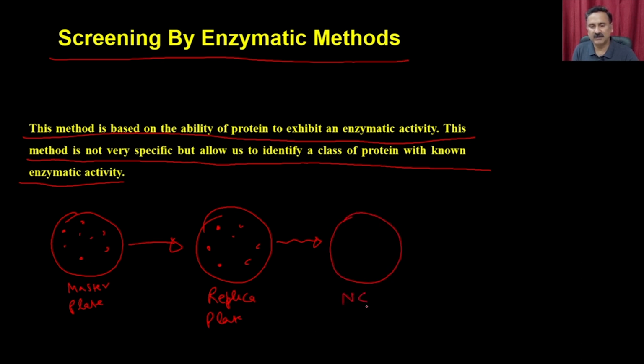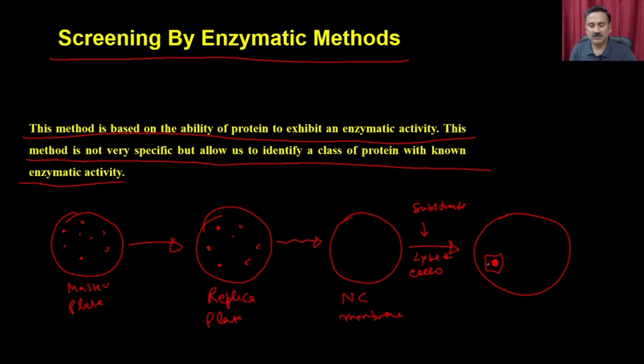So, you prepare that onto the NC membrane, and on this NC membrane you add the substrate for your enzyme. You lyse the cells and add the substrate. Once you add the substrate, it is going to give you the signal.